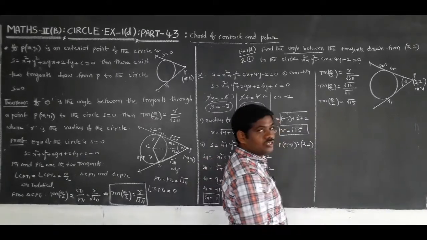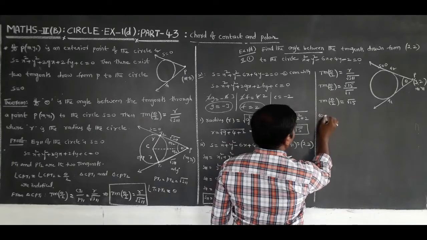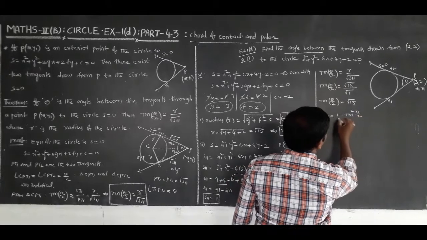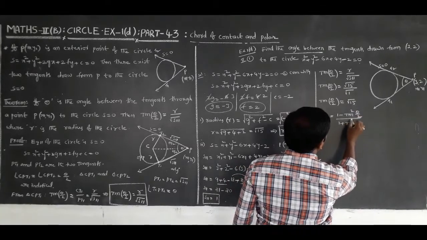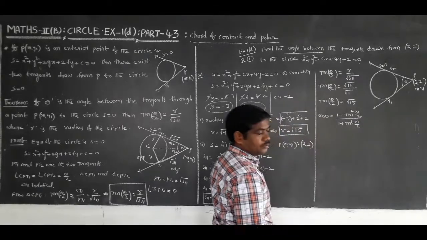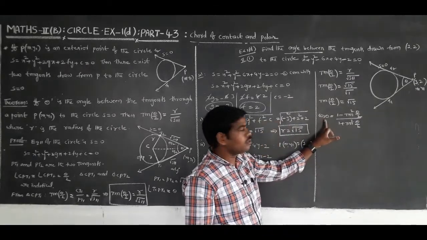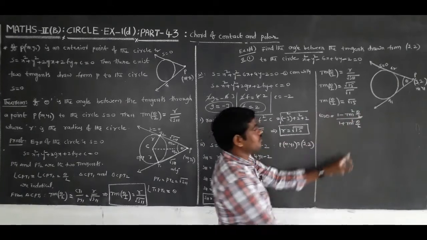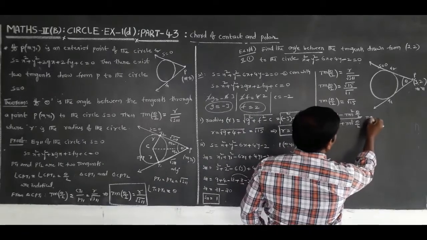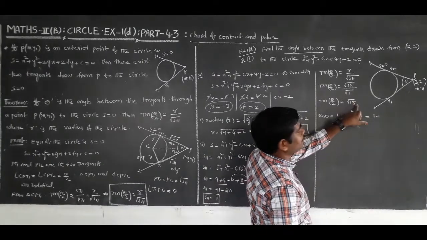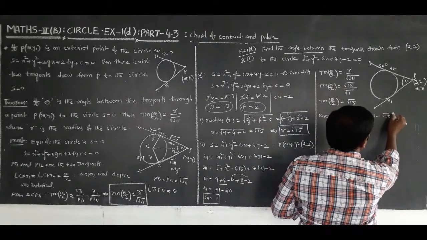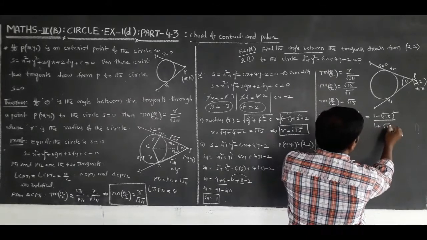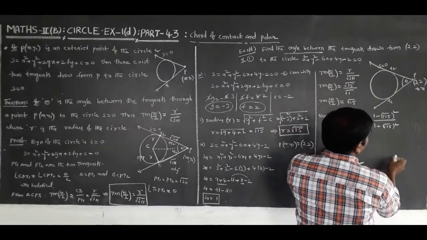Now change tan theta by 2 into cos theta. Cos theta is equal to 1 minus tan square theta by 2 divided by 1 plus tan square theta by 2. So cos theta is equal to 1 minus root 15 whole square divided by 1 plus root 15 whole square.